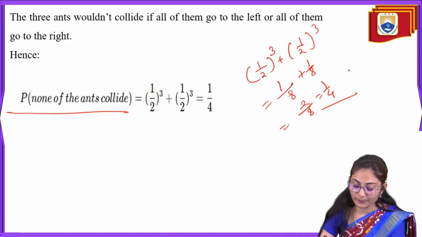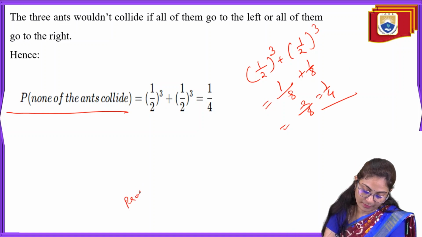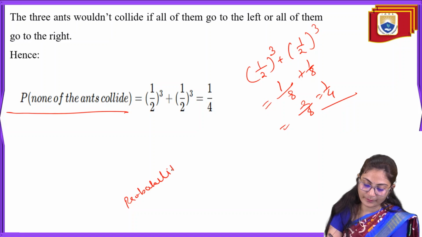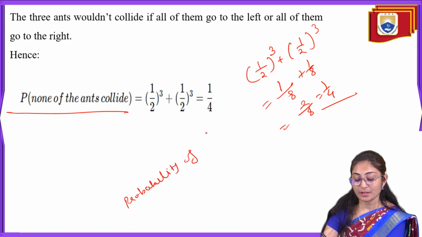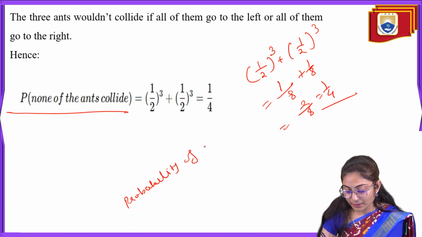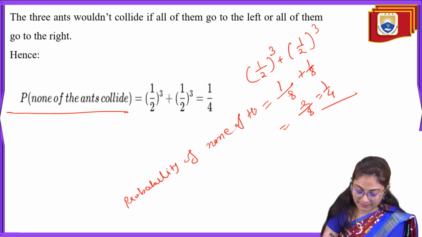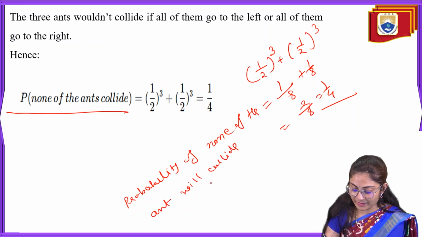So the probability that none of the ants will collide is 1 by 4.